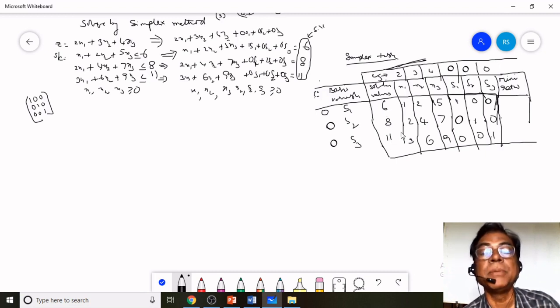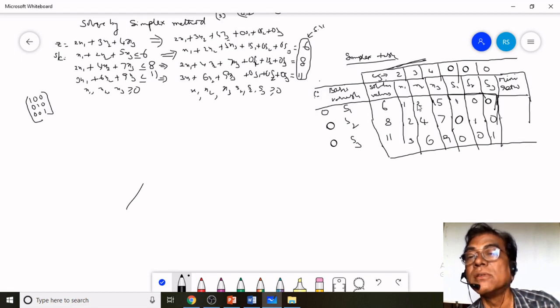Okay, next. Please enter the coefficients in the tabular form. The first equation, write down 1 here. Next to x2, 2, write down here 2, 5.